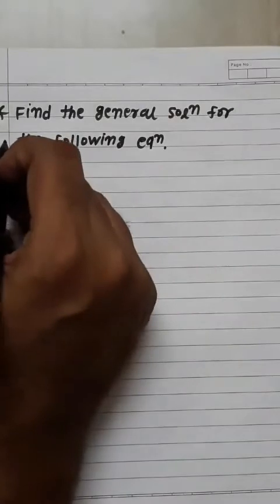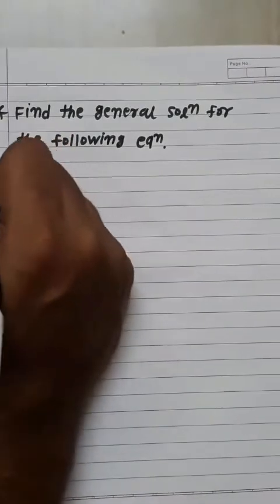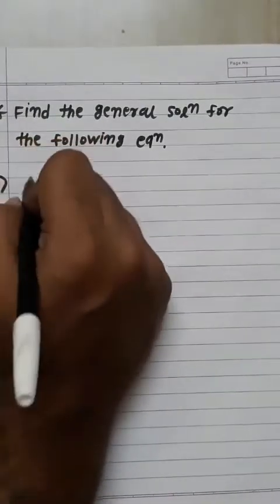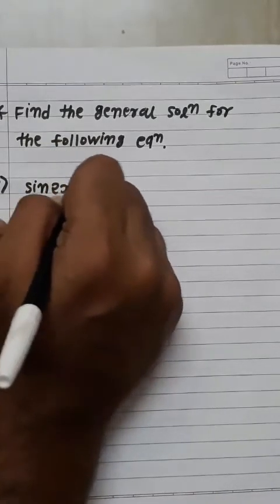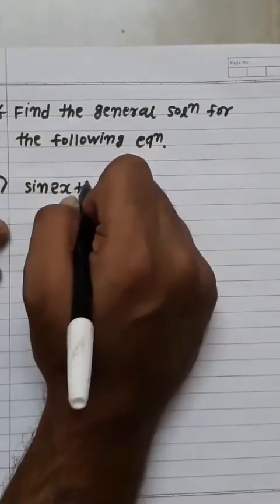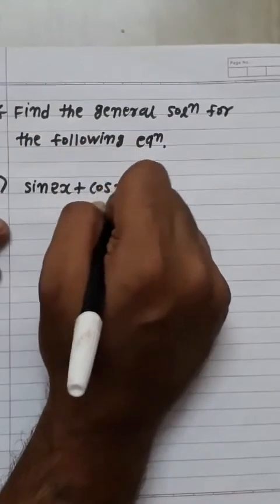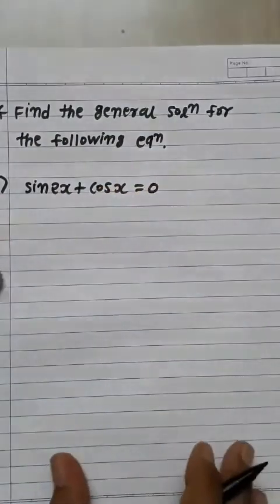Our first question: sine 2x plus cos x is equal to 0.